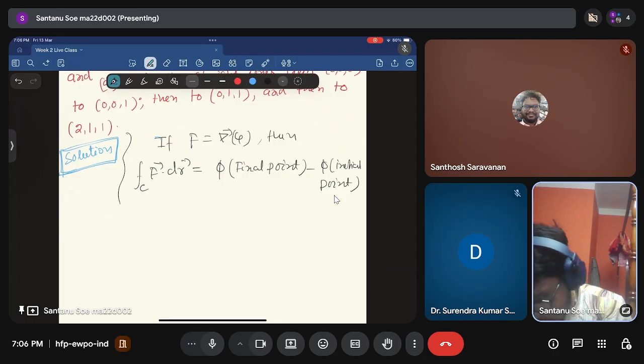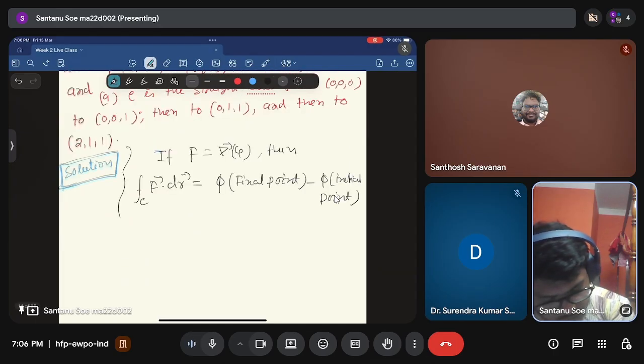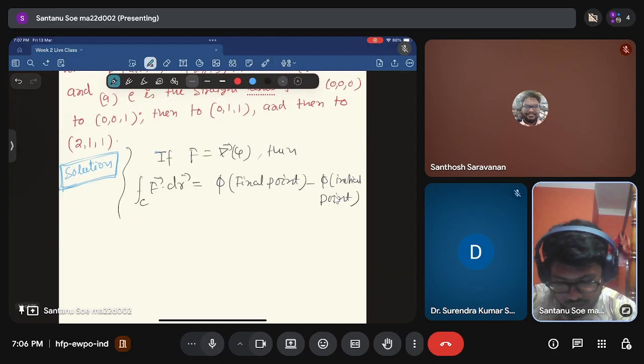We have seen in the previous result that if curl of F is 0, then F can be written as the gradient of phi. And then the line integration over any C is easy to find, because it will be just phi of the final point minus phi of the initial point.